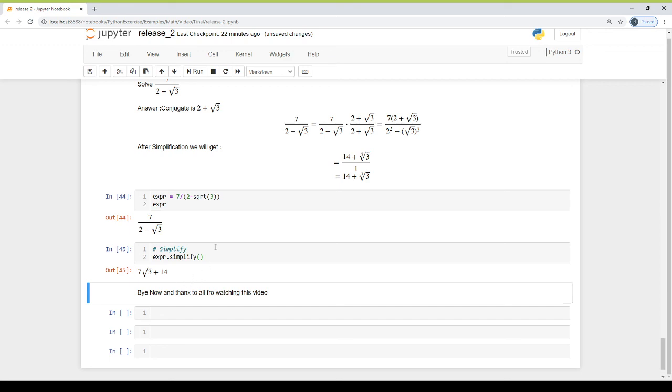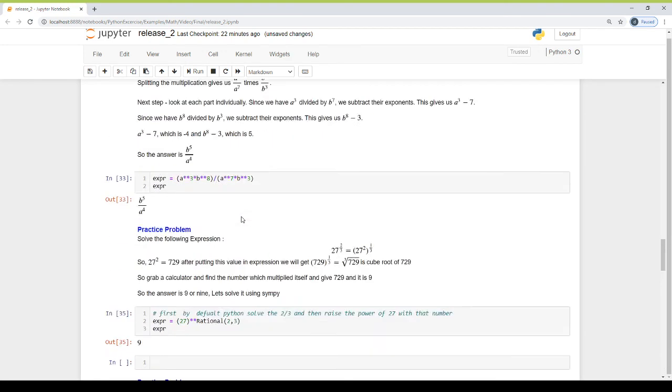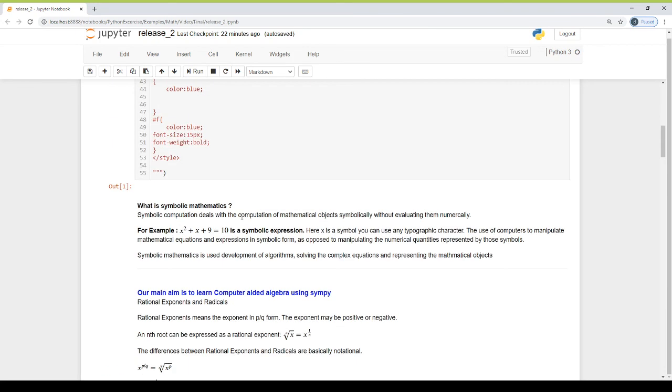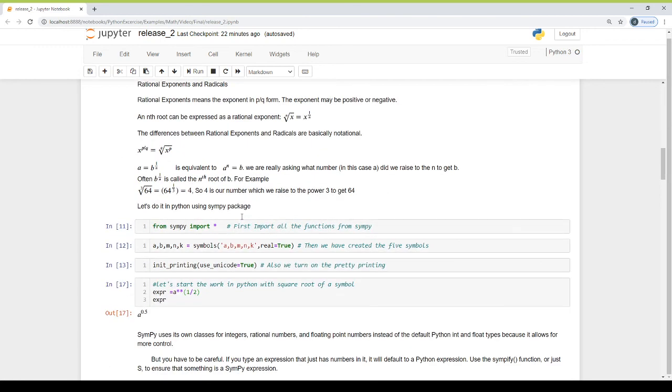Now this is our video on radicals and exponents. Basically our aim is to learn computer-aided algebra using SymPy. In the previous video we learned the law of exponents, and in this video we have learned rational and radical exponents using symbolic computing.